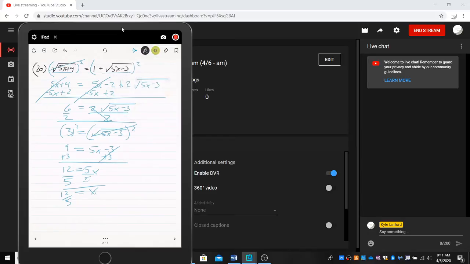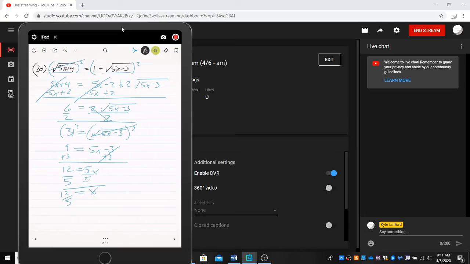So I'm going to check this. It's good to have scrap paper to check your solution on, but I'll just do it to the side here. We're going to check by plugging 12/5 into the original problem. We have the square root of 5 times 12/5. Oh gosh, this is going to be too messy.